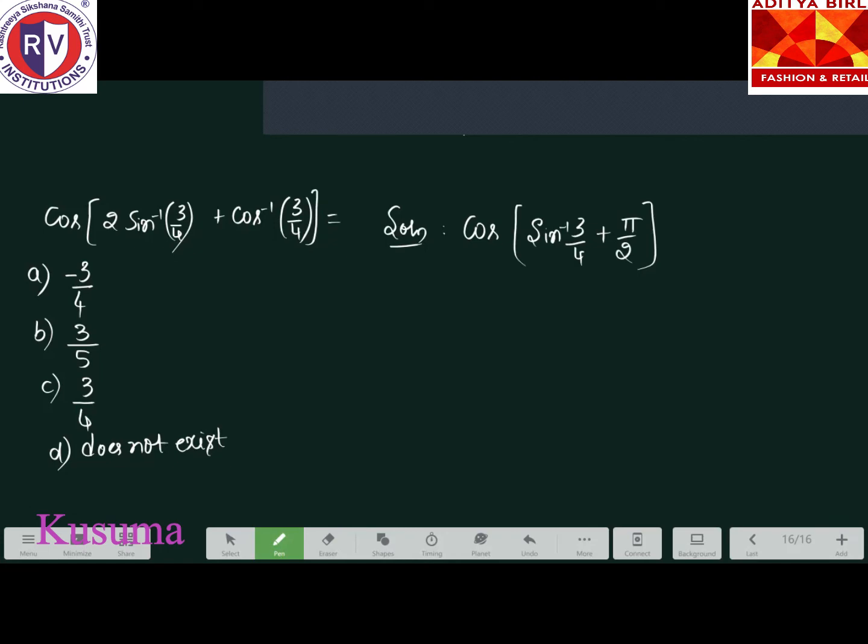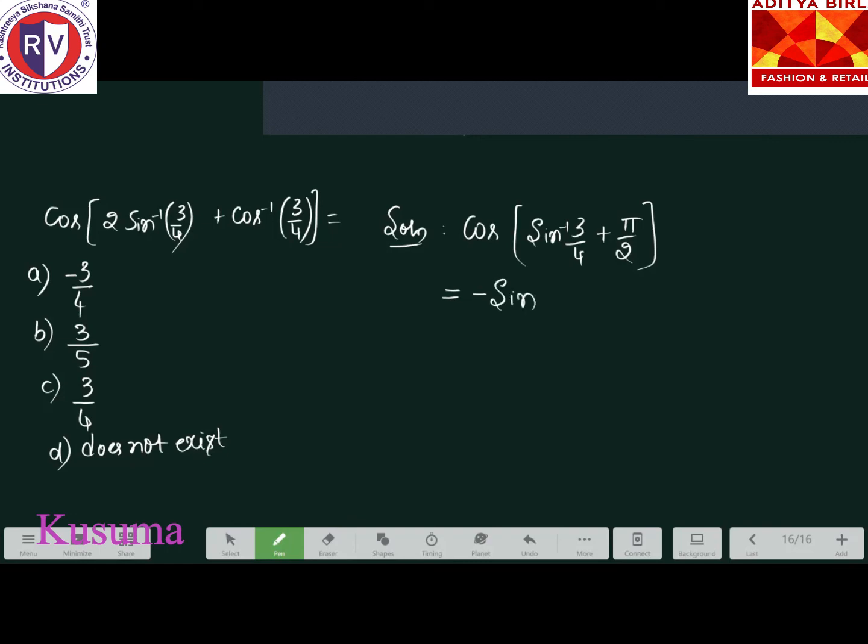So this can be written as cos of sin inverse 3 by 4 plus pi by 2. And we know what is cos of pi by 2 plus x. What is cos of pi by 2 plus x? Minus sin x.